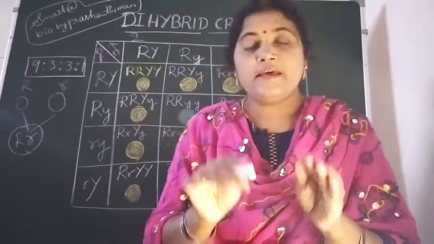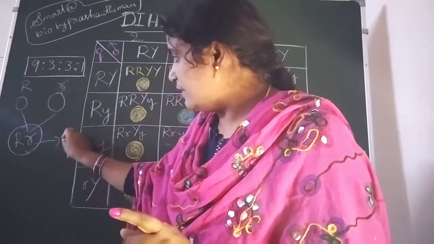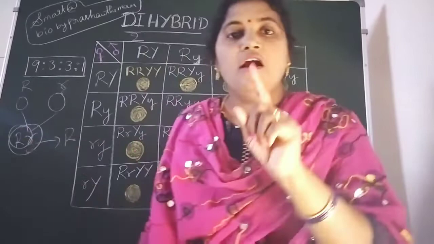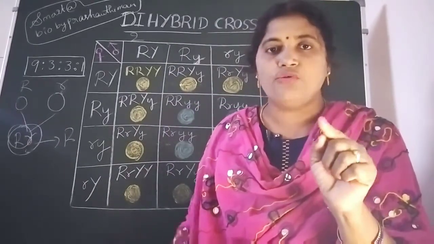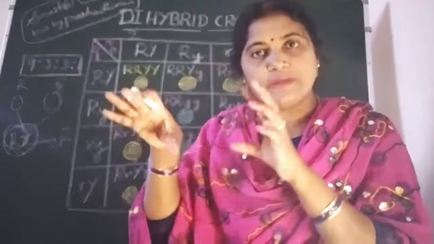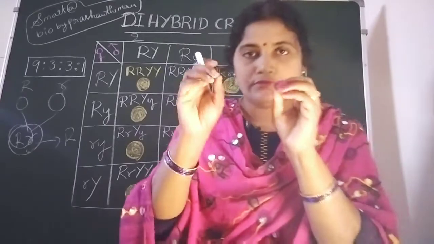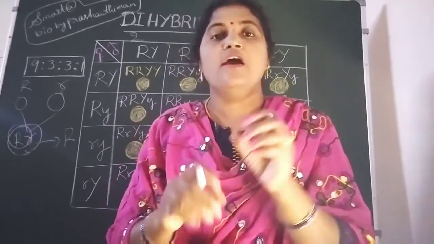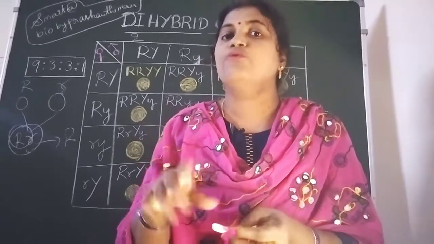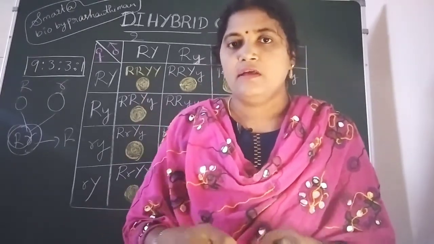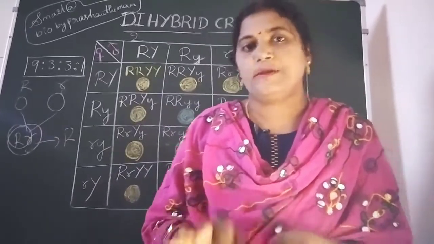So in the F1 generation, in the presence of one capital R character, that character is going to be expressed. That type of character is known as the phenotypic character. Phenotypic characters are those that express themselves maximally.